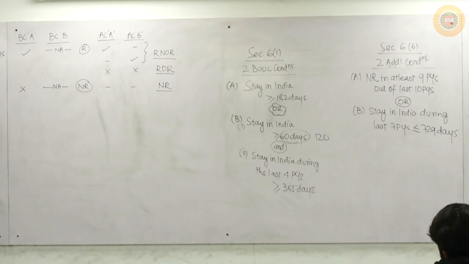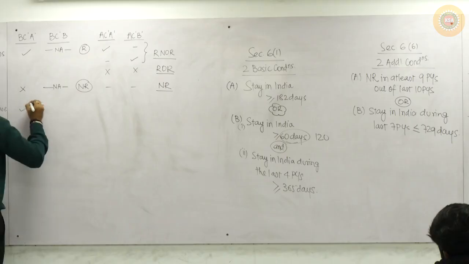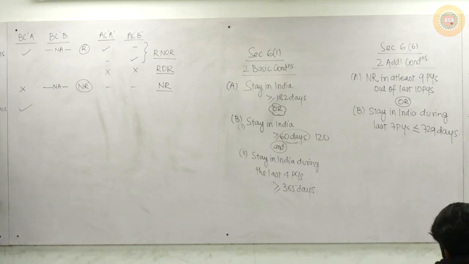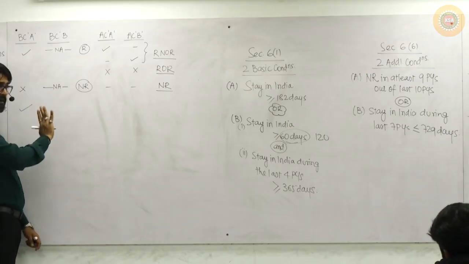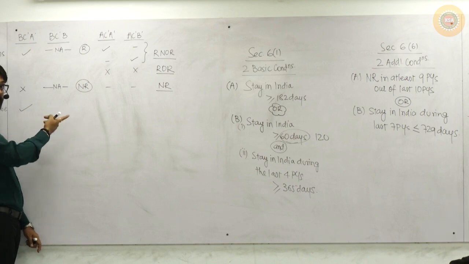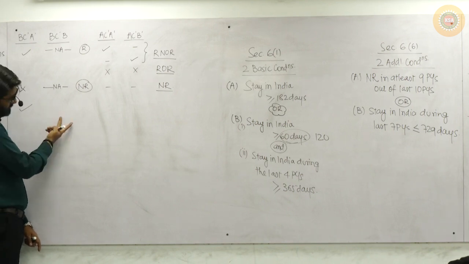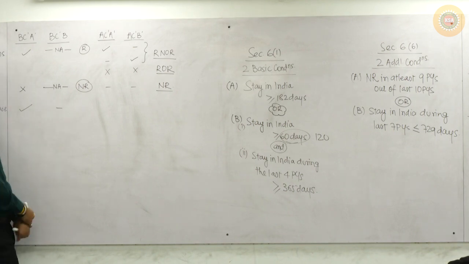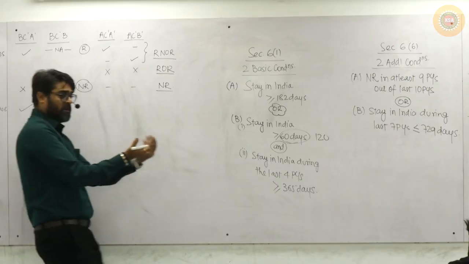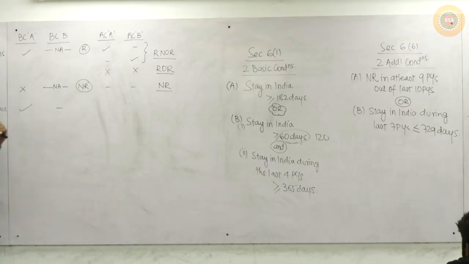Okay, now come on. Special case. In special case, basic condition A fulfilled. Special basic condition B is applicable, 120 days, 365 days. But no need to check. You will go to basic condition B only if you don't satisfy basic condition A. Have you satisfied basic condition A?